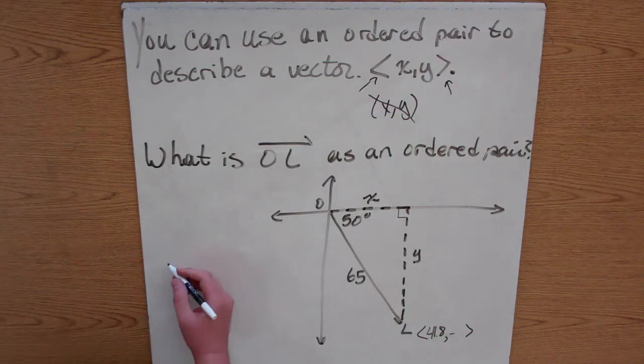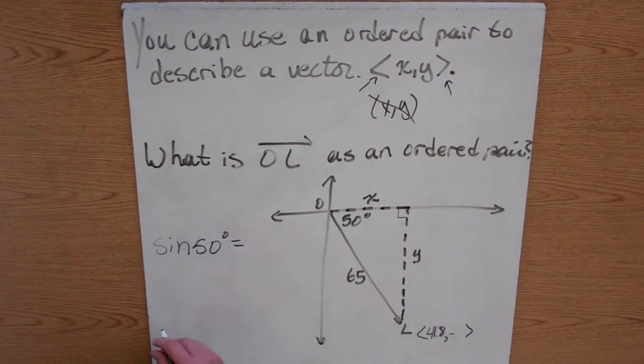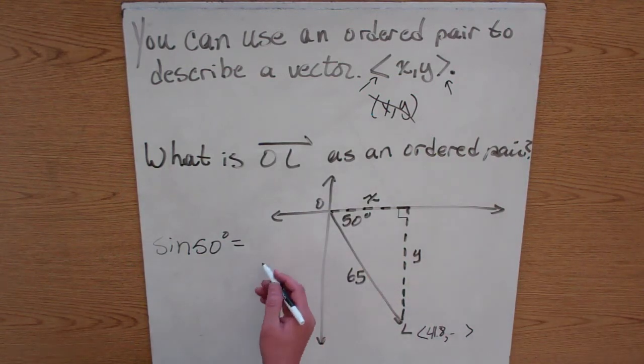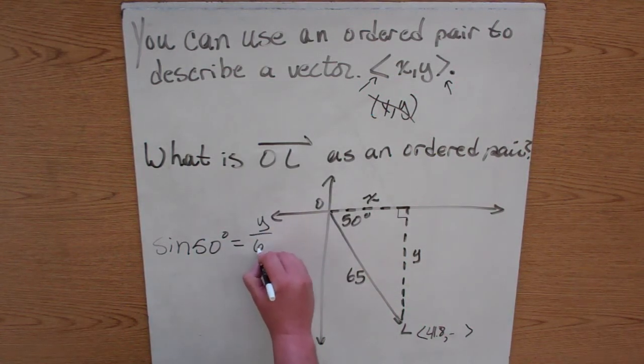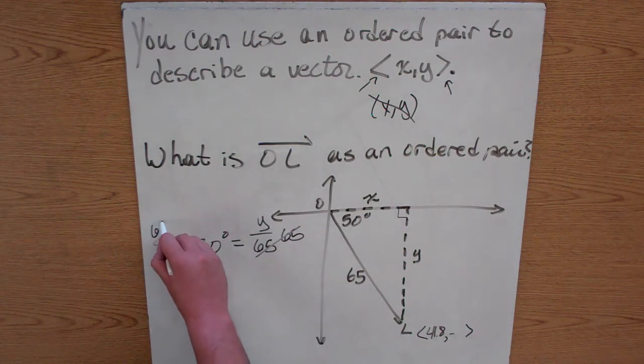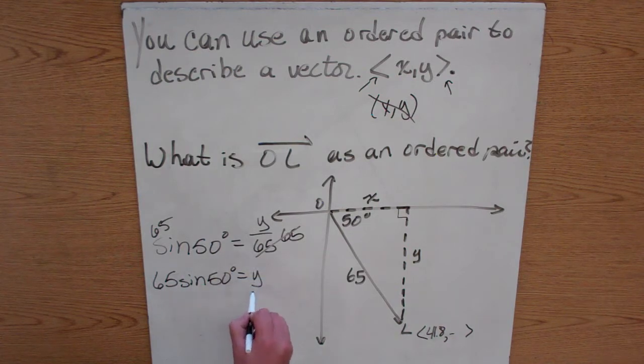Hopefully you said sine. The sine of 50 degrees, alright, the y is the opposite side from the 50, so it's opposite over hypotenuse. So again, multiply both sides by 65. So 65 times the sine of 50 degrees equals y. So y equals 49.8.